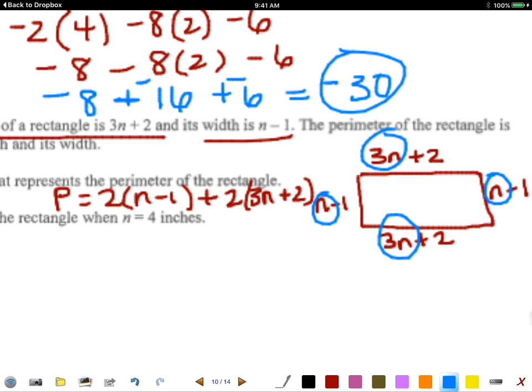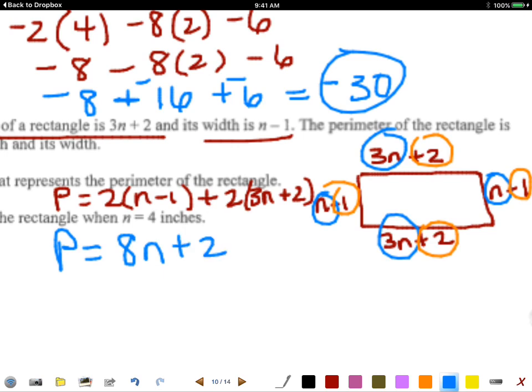What does that equal? 2 plus 2 minus 2 is 2.